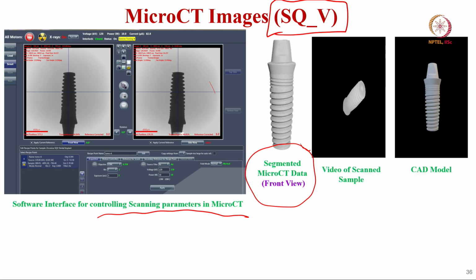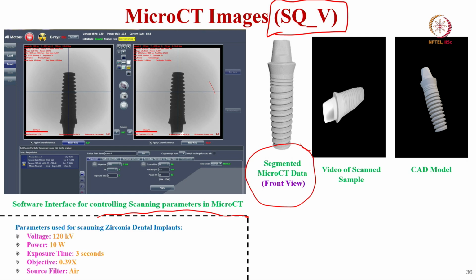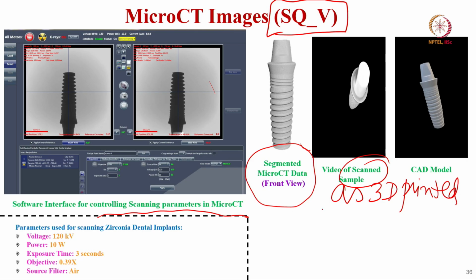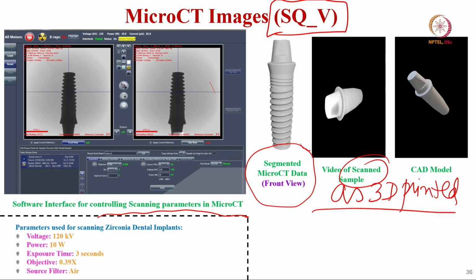This is the respective CAD model. In the CAD model also, if you rotate, you can see the same thing. This is the video of the scanned sample, the as-3D-printed ceramic implant. So, you can visualize how the CAD model and the microCT scanned 3D printed images correspond at different orientations.